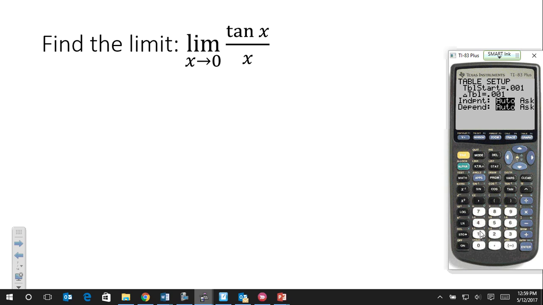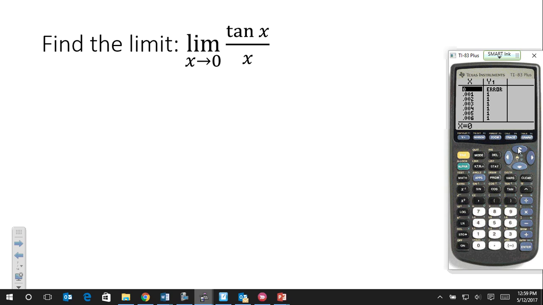So it's going to change by thousandths every step. And now if we go to our table menu, second of graph, at 0.001 we're at 1, 0.002, we're at 1, 0.003, we're at 1. We're seeing a consistent 1 here, aren't we?